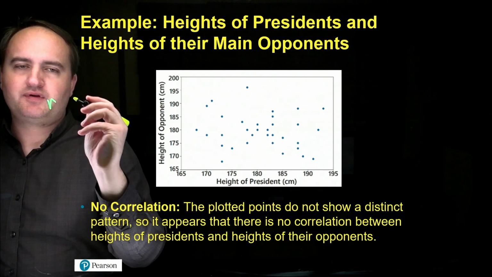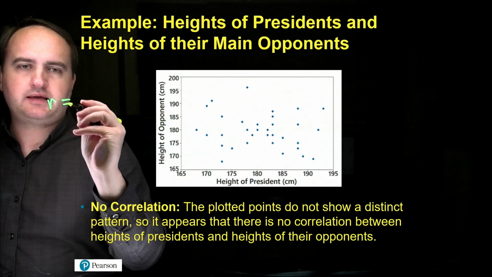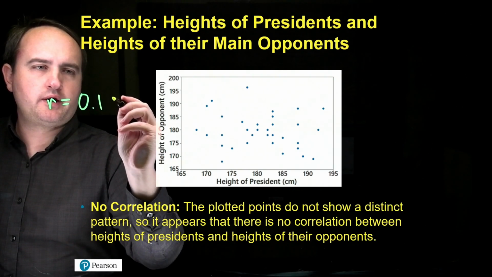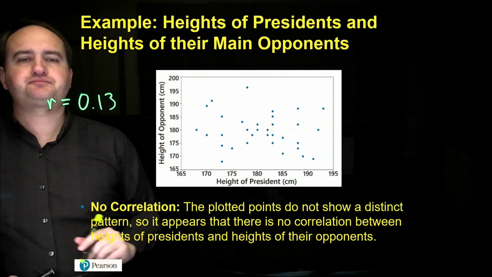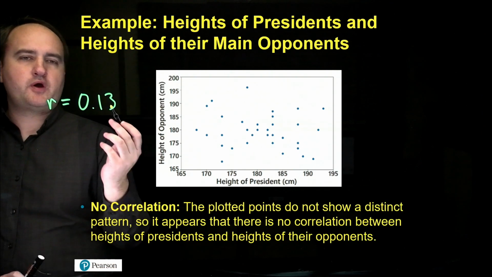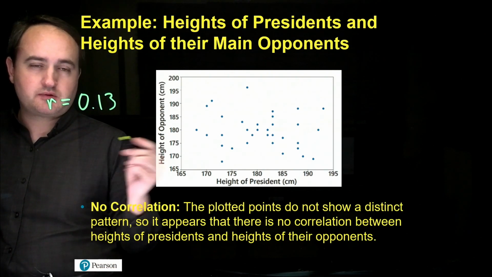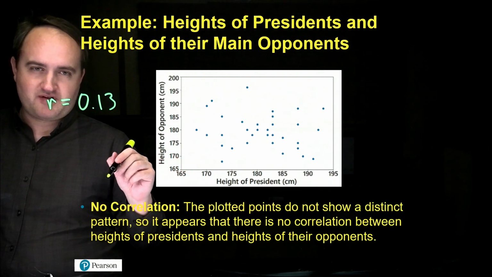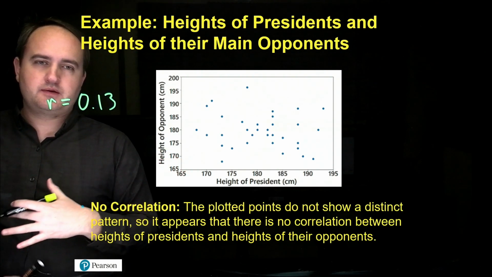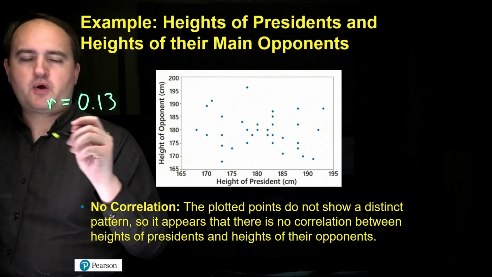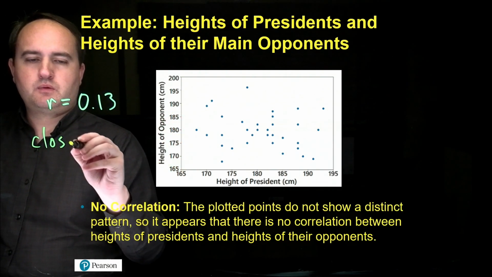Just for the sake of having a number as an example, we'll say here that r is equal to 0.13. We say that 0.13 is close to 0. It's certainly much closer to 0 than it is to 0.5, and definitely not anywhere close to 1. So r equals 0.13 is close to 0.